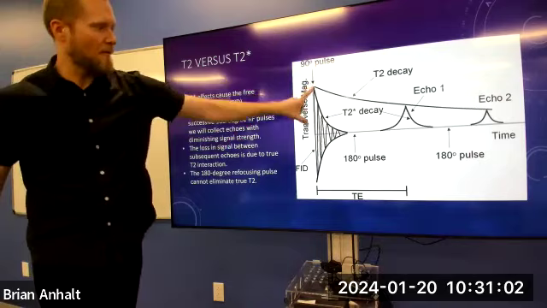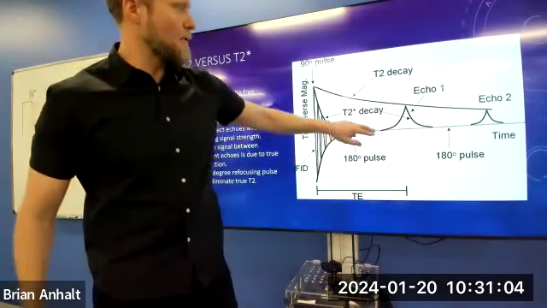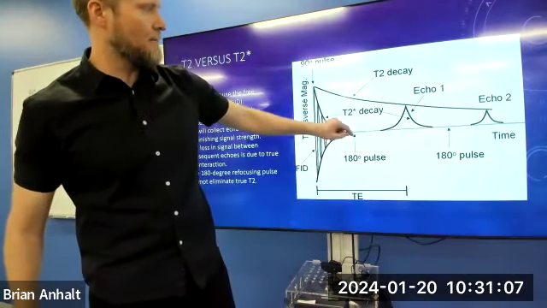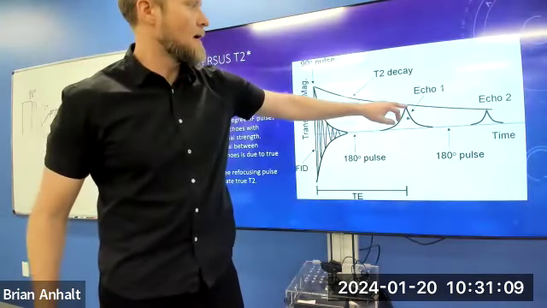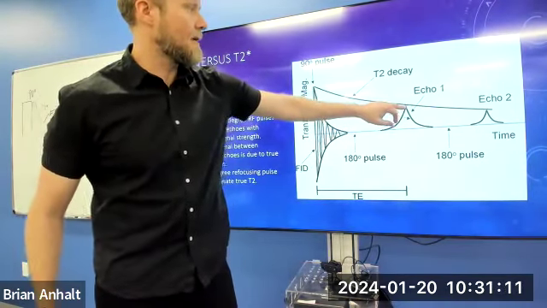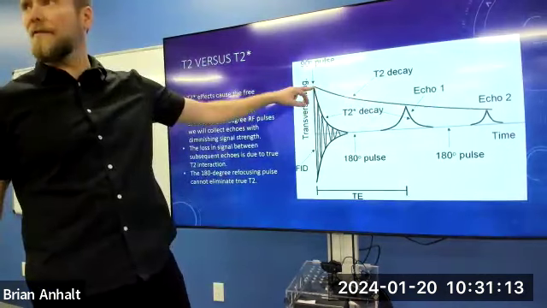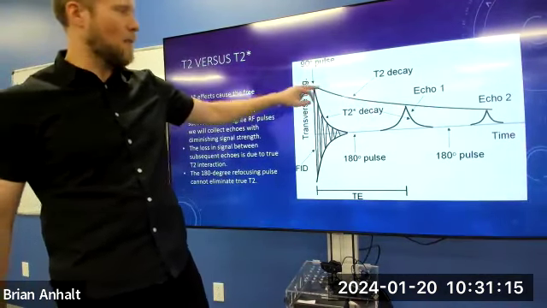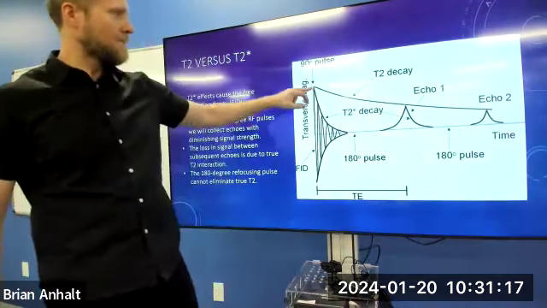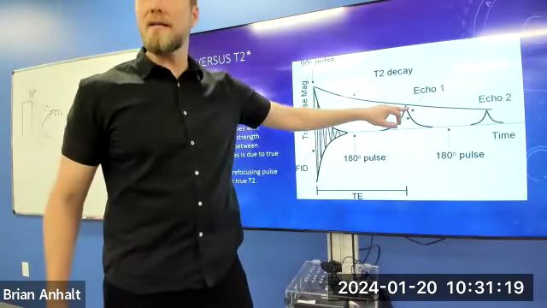So you can see here, loss of magnetization, but you can see the 180-degree pulse right in the middle there. We get the echo. Look at the peak of this echo versus the peak of the free induction decay. Is there more or less signal? There's less, right? Why is there less?